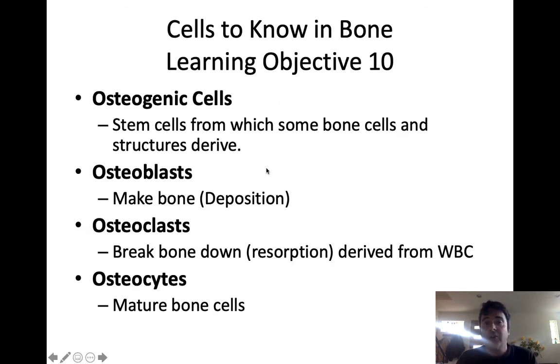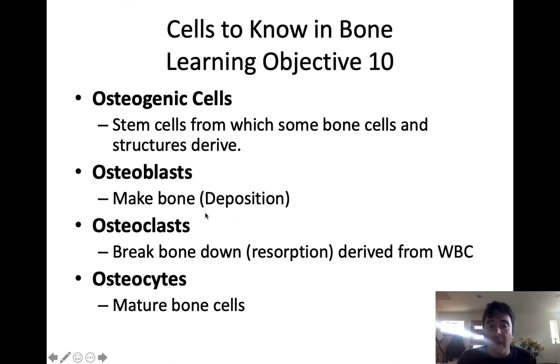Now, cells you need to know. Osteogenic cells are stem cells. Remember, stem cells are cells that are capable of becoming anything. You find these osteogenic cells in the periosteum. When they're triggered by either a bone break or stress on the bone from doing things like exercising, they ultimately develop into osteoblasts. Osteoblasts make new bone.